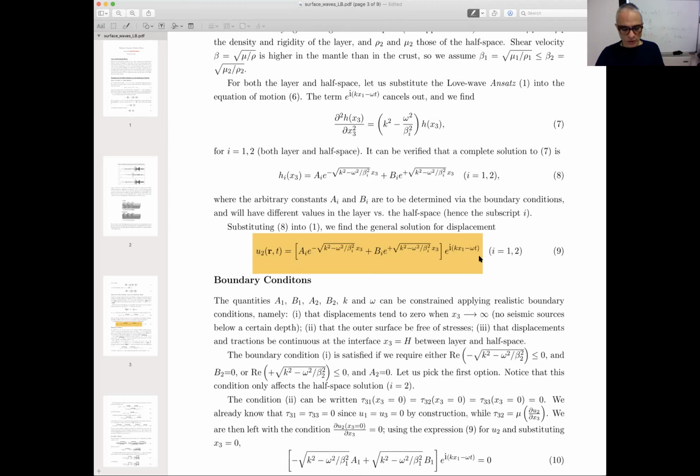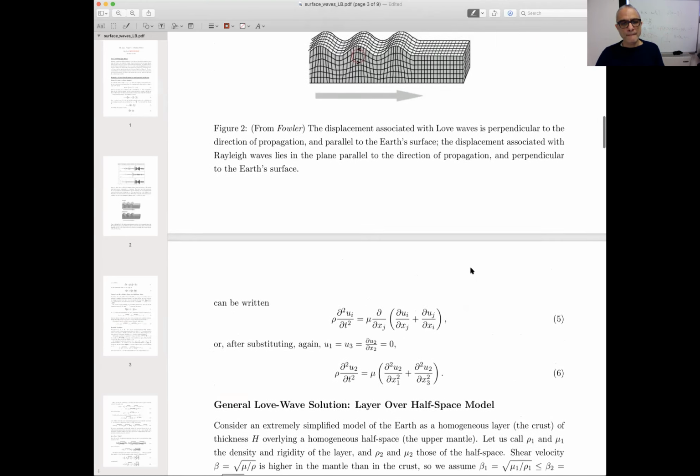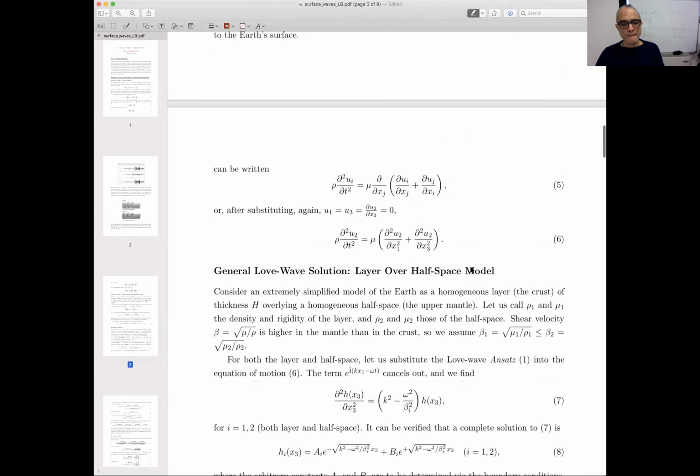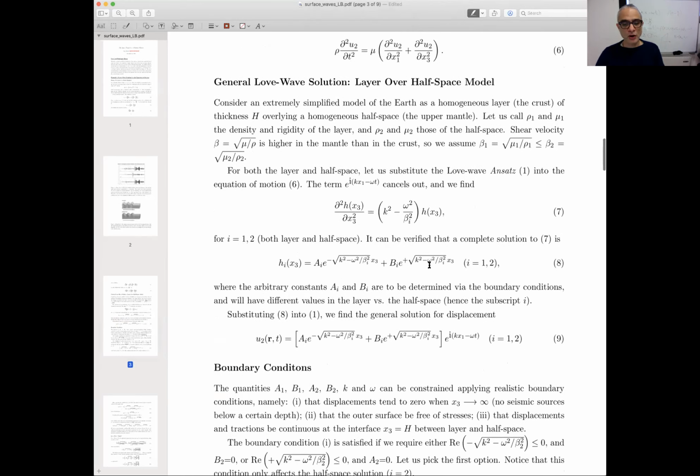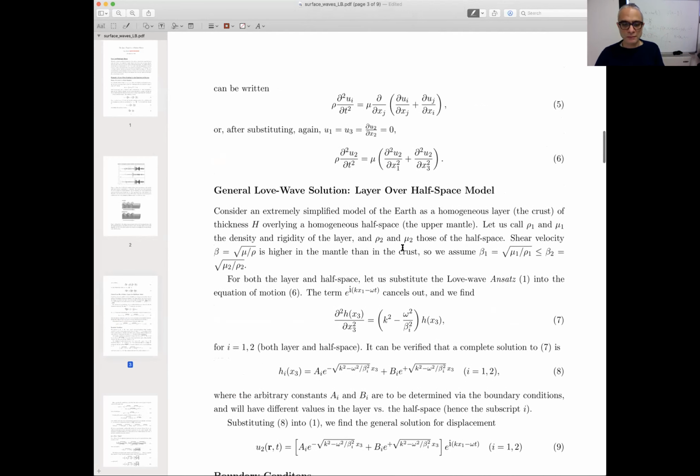On top of that, sorry, omega, not K, but omega is a parameter that could in principle also take only, just like we've seen for the string, a discrete set of values.